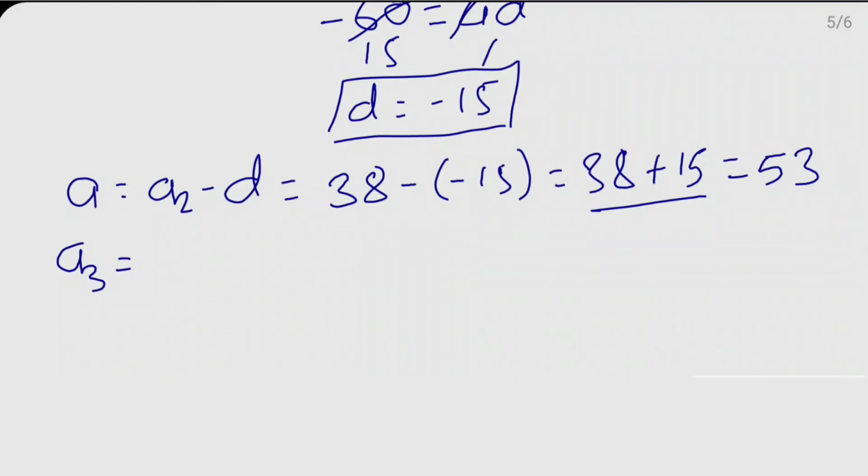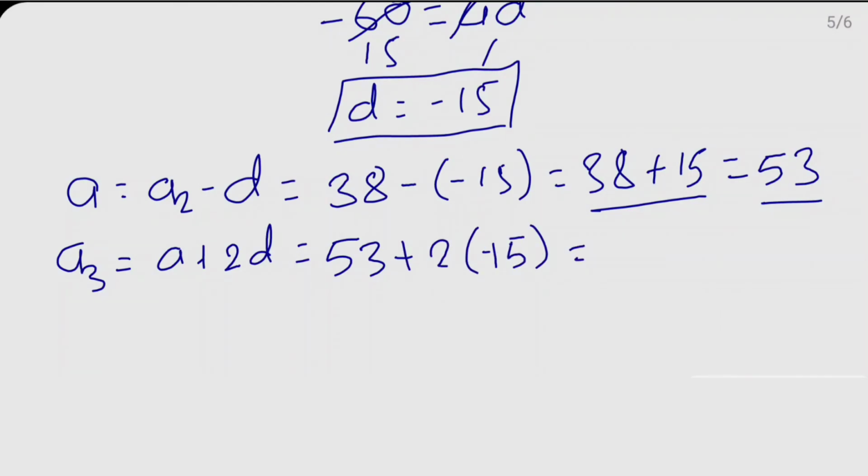So now a3. So a3 is a plus 2d. So what is the a here? A is 53, right? So 53 plus 2 into d is -15. So here 53, 2 into -15 is -30. So 53 minus 30 is 23.